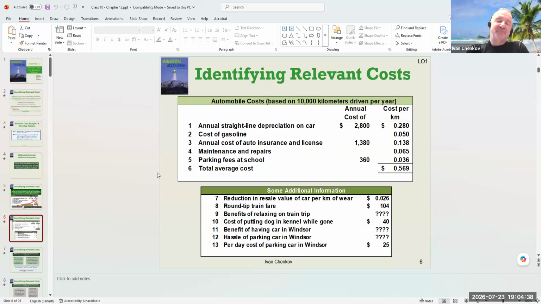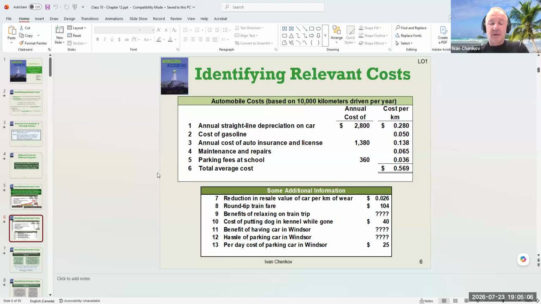The point is you can do so many things when you're not driving and relaxing on the train. Is that relevant or not relevant? Relevant, but there's no value in money, right? We cannot measure it in dollar amount. So for that reason, we're going to leave it. That will be a qualitative analysis rather than a quantitative analysis.